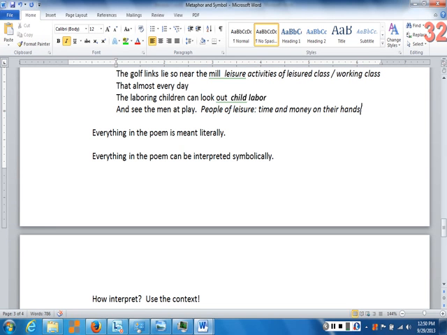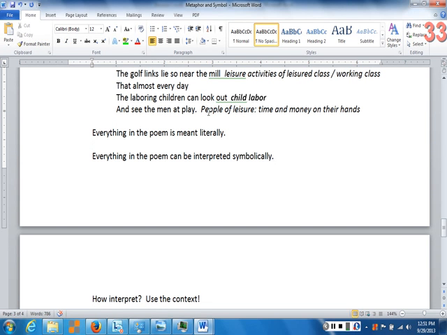So remember, when you've got a symbol, you've got something that is meant literally, as opposed to a metaphor in which something has to be meant figuratively because whatever it refers to can't possibly be doing that, right? Okay? And everything in a poem then that is literal can be interpreted symbolically.